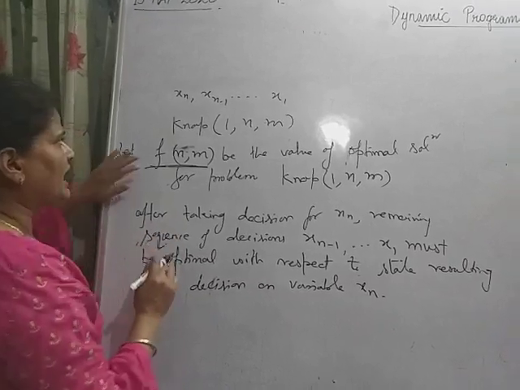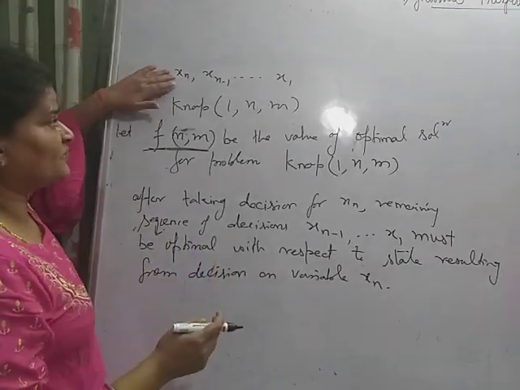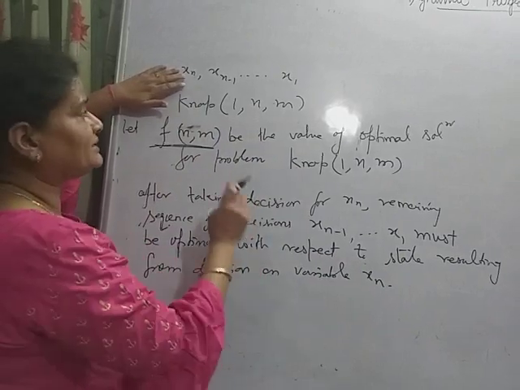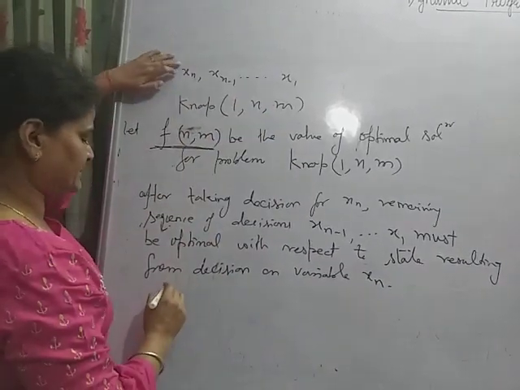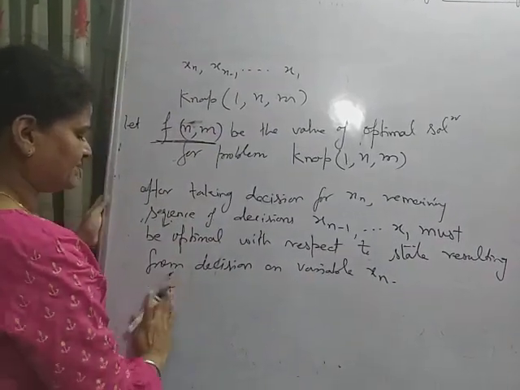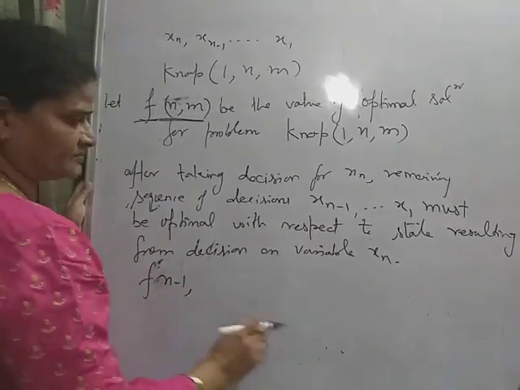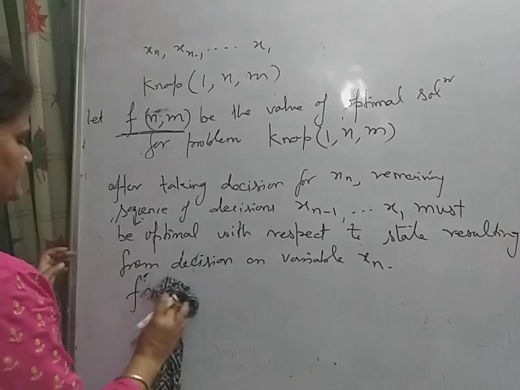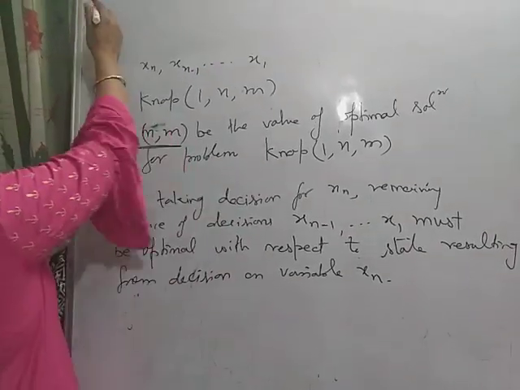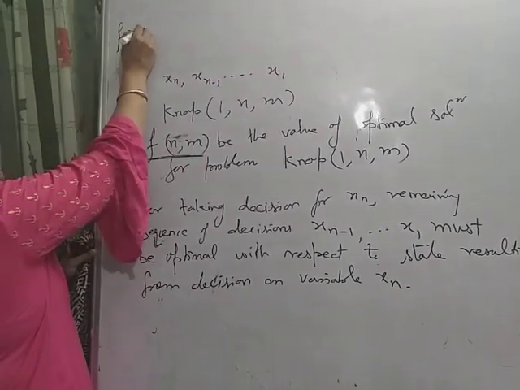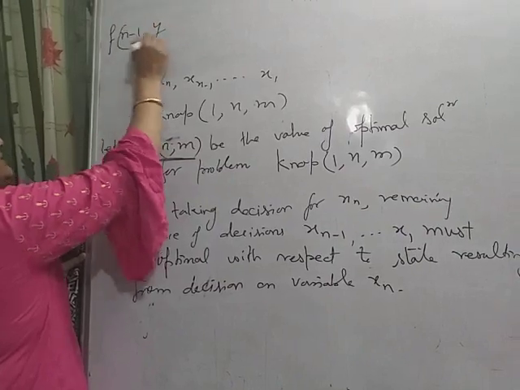After taking the decision for xn, the profit of the remaining decision sequence can be expressed as f n minus 1 y.